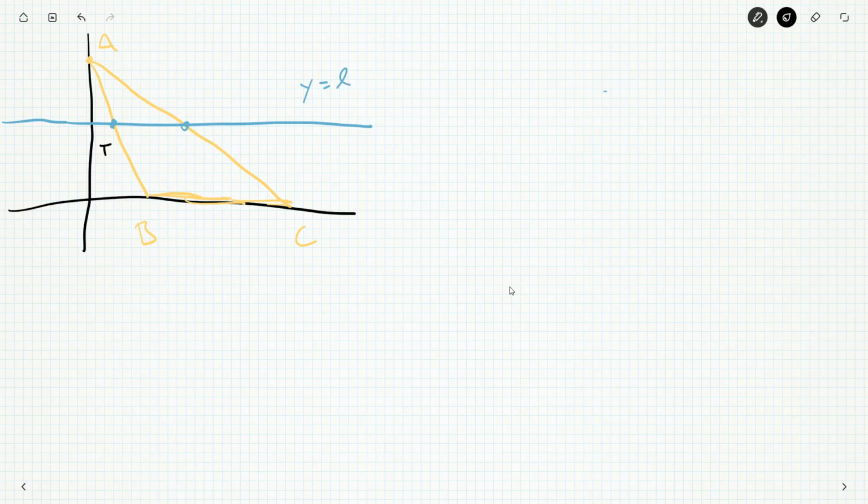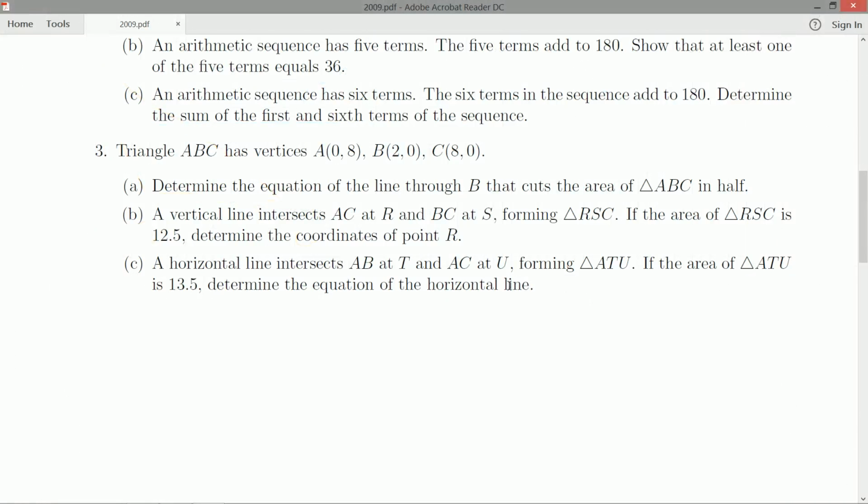We get T and we get U. And we know triangle ATU has area 13.5. That's what they want. Alright, so we'll just double check here. AB at T, AC at U. ATU has area 13.5. Determine the equation of the horizontal line.